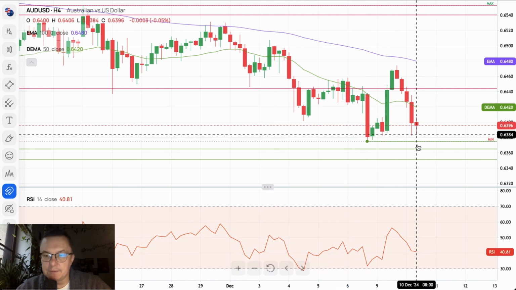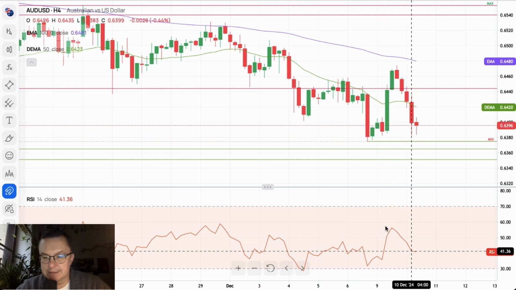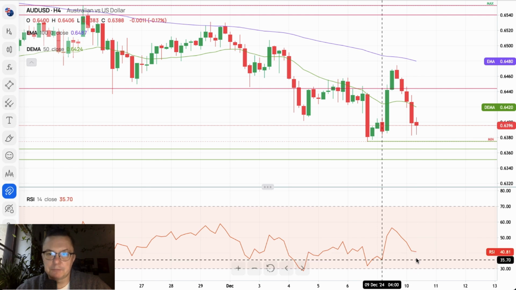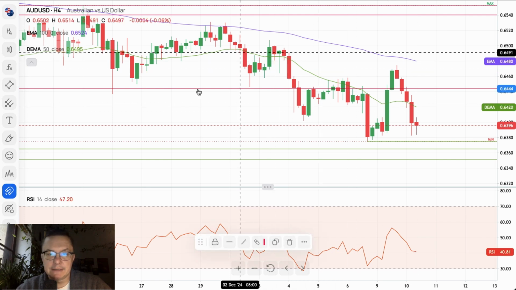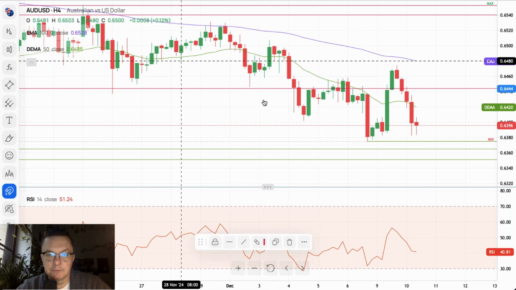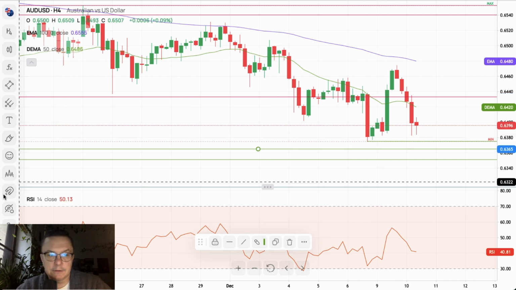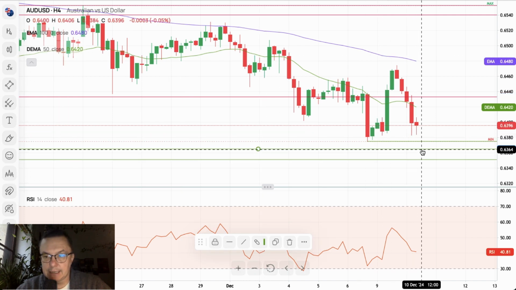When it's broken, because it looks like the bearish pressure is very strong, you can see it on the RSI as well. It's a very strong bearish pressure here. Then we can expect the market to move even lower, down towards the level of 6,365 and 6,352.